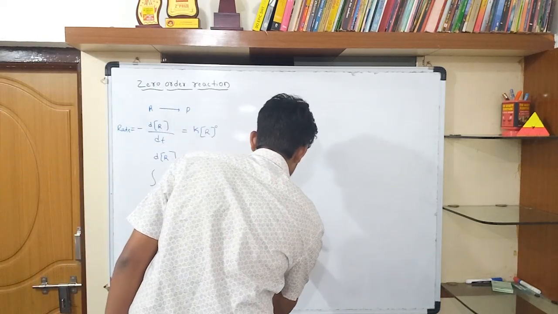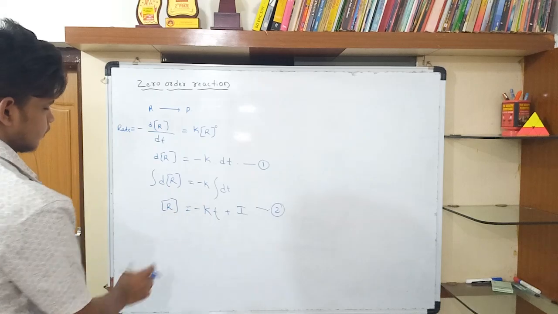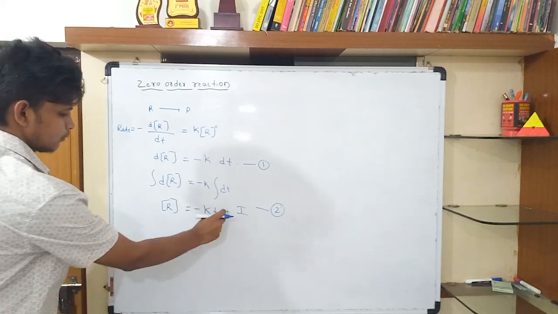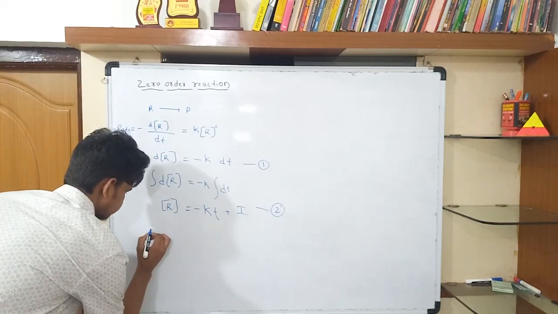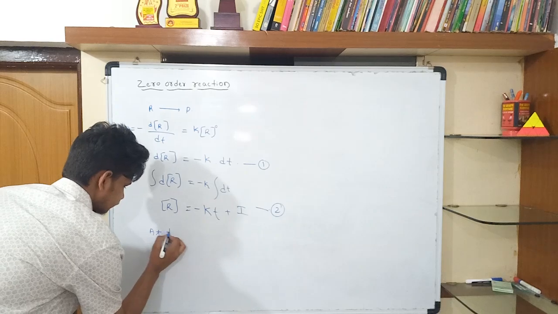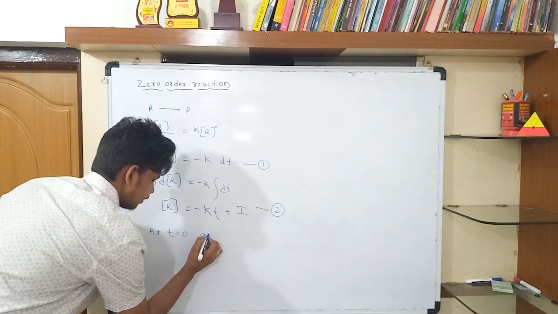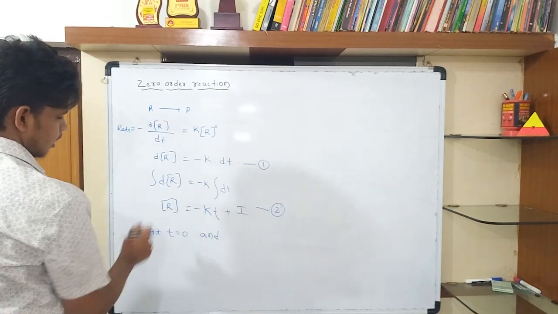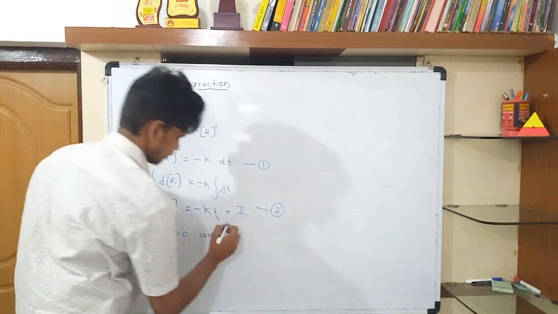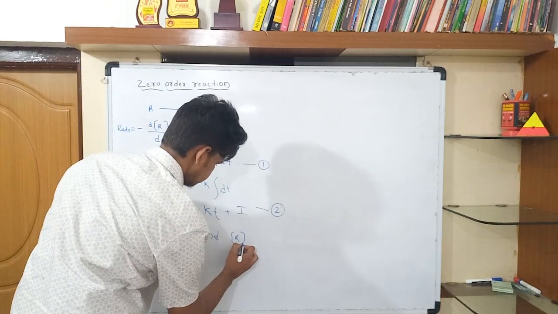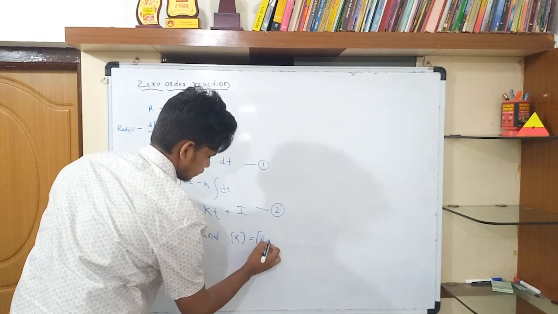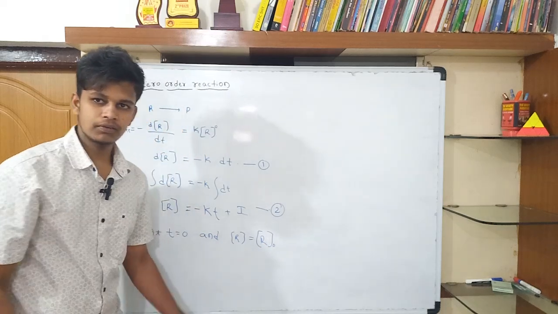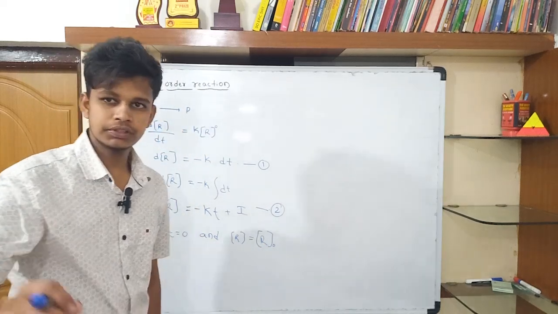After that, at t equal to 0, in place of t we put 0, and R, the concentration of reactant, equals R naught. R naught means the initial concentration of the reactant.